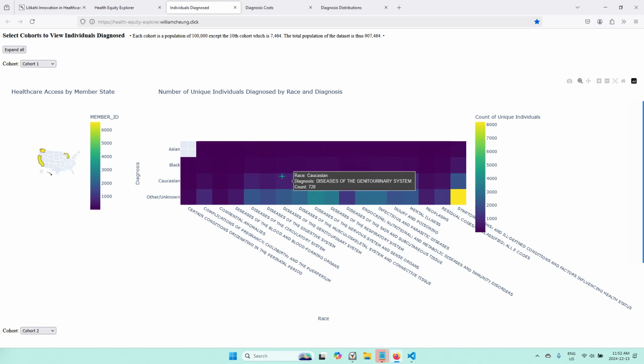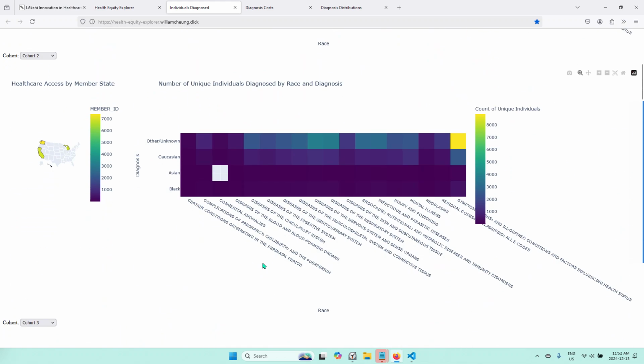This is a heat map showing the count of the individuals who are diagnosed by race. So you can see here African Americans, diseases of the digestive system. There are 96 in this cohort, in this population.